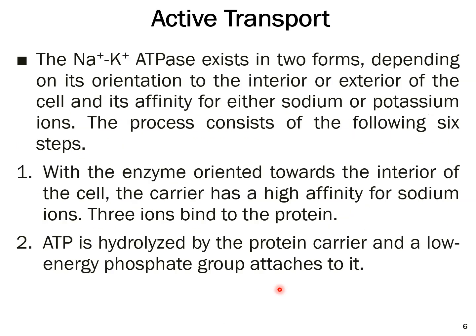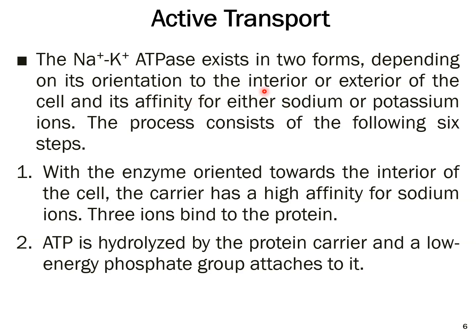The sodium potassium ATPase pump exists in 2 forms depending on its orientation to the interior or exterior of the cell and its affinity for either sodium or potassium ions. So what are those 2 different forms? They depend on its orientation.